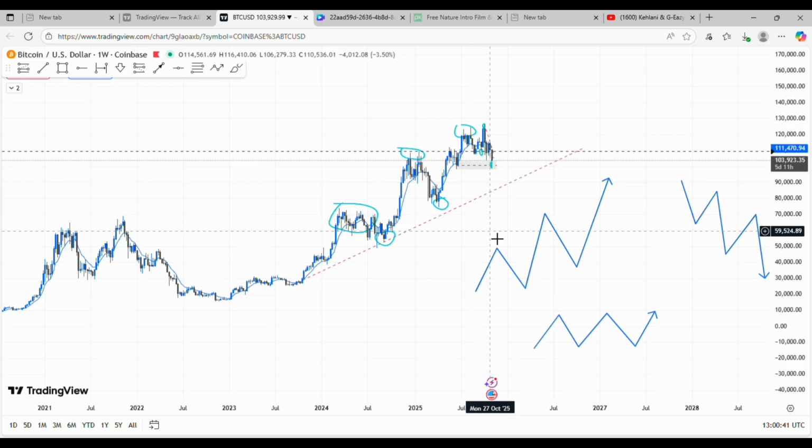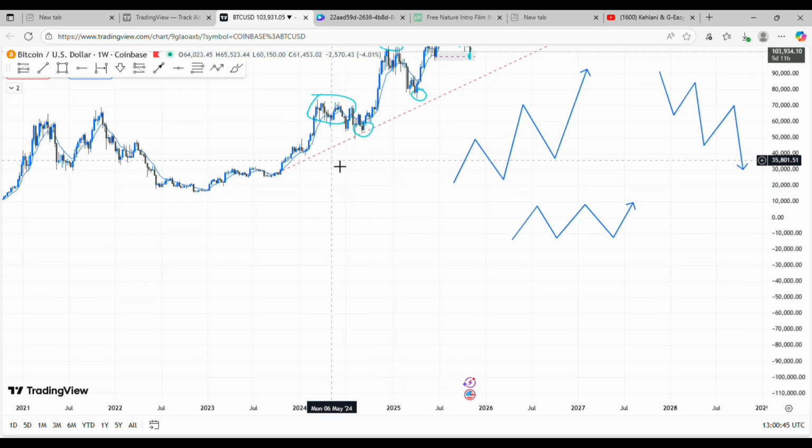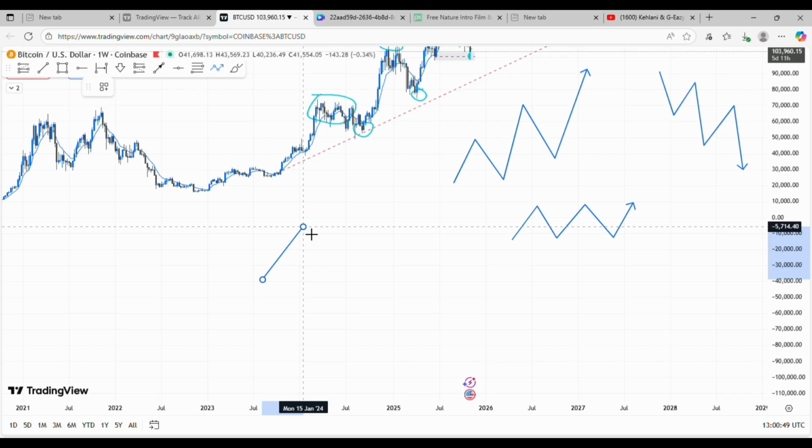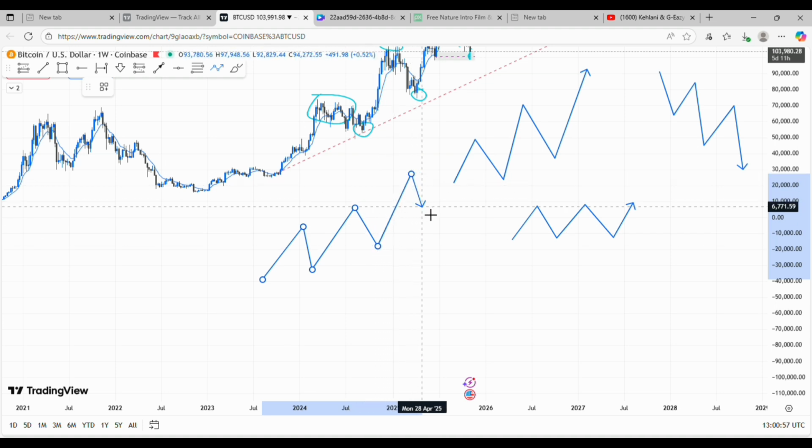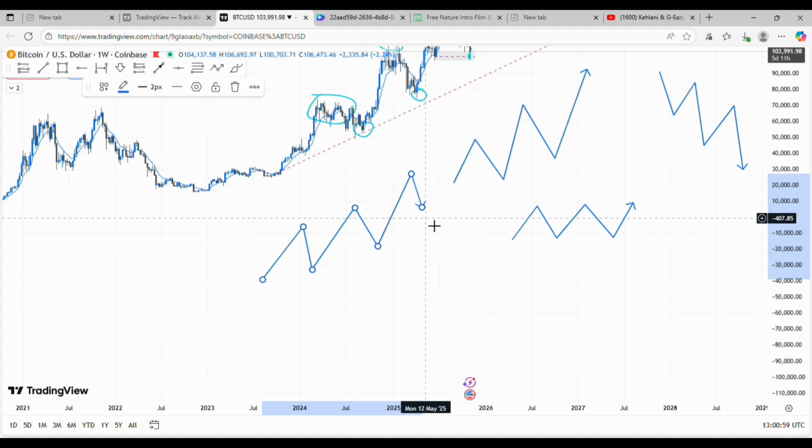Market moves in two phases. It moves in a push phase, retracement phase or correction phase, push phase, correction, push phase, correction. So the market now is in a correction phase. So I wait for the correction phase to end so that I enter in the push phase.